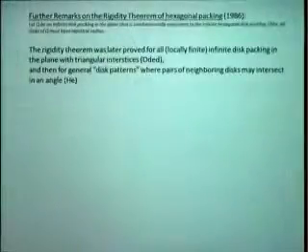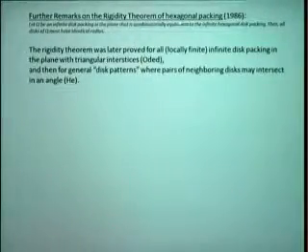Actually, I want to do a small digression here. This rigidity theorem for infinite hexagonal packing was generalized to all locally finite infinite disk packings in the plane with triangular interstices. This was done when Oded was a PhD student.